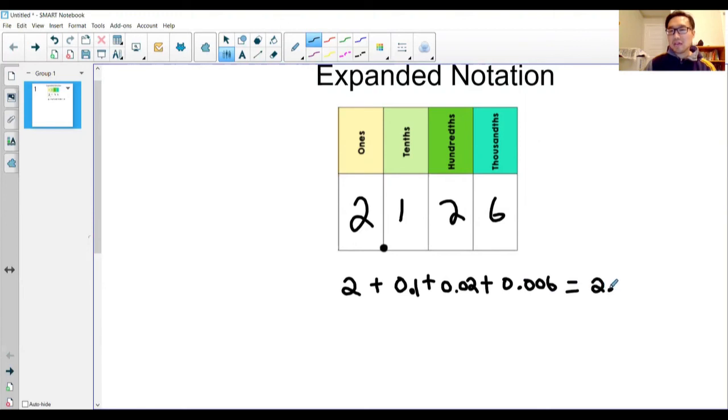So 2 and 126 thousandths in expanded notation is 2 plus 0.1 plus 0.02 plus 0.006. That's how you do expanded notation for decimal numbers up to the thousandths.